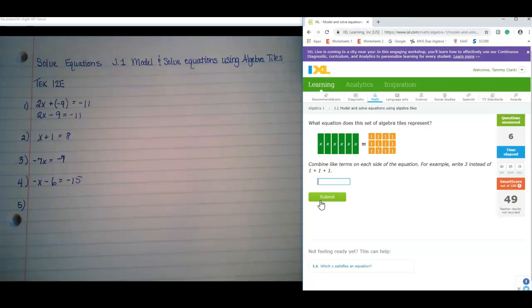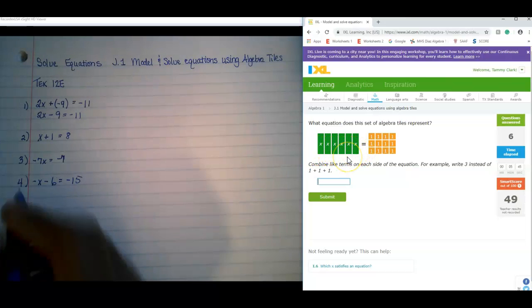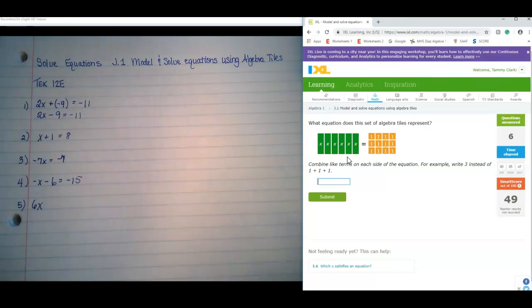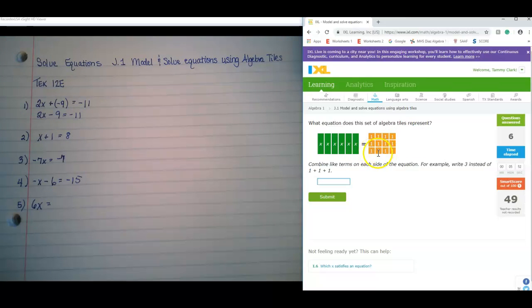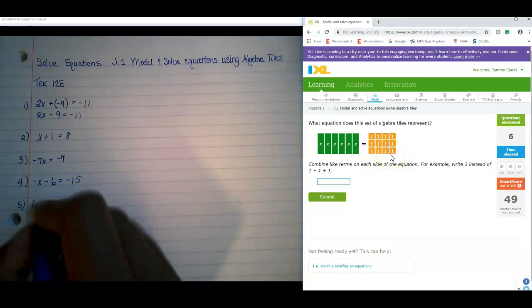Next, we've got what equation does this set of algebra tiles represent? So let's count. We've got 1, 2, 3, 4, 5, 6 positives. So 6 positive x's that equal 3, 6, 9, 12. Positive 12.